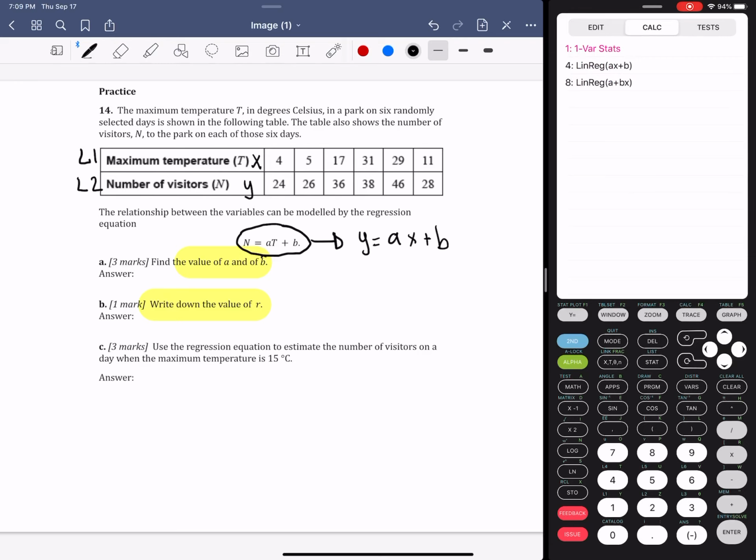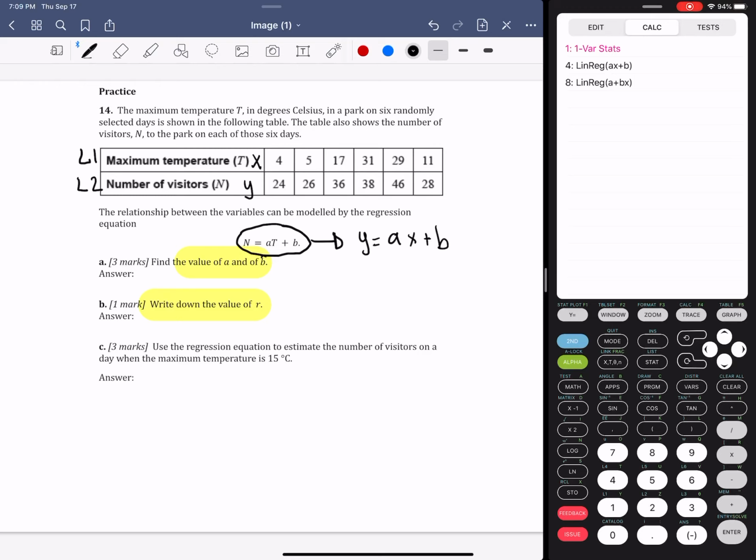Once you get to calc, we see three things: one var stat, lin reg ax plus b, and lin reg a plus bx. But wait, 4 and 8 look the same, right? Which one do I use? Well, they both give you the same thing. The big difference is that on number 4, your slope comes first, then your y-intercept, and number 8 is your y-intercept and then your slope.